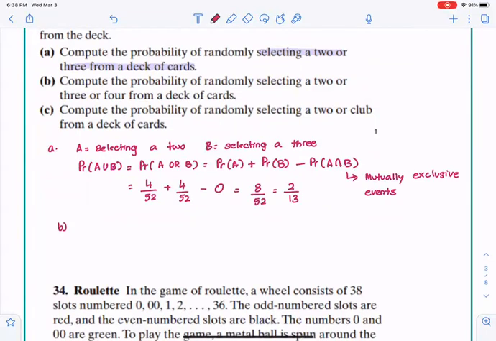So here in part B, they want to compute the probability of selecting a 2 or a 3 or a 4 from a deck of cards. So I'm just going to define C to be selecting a 4.